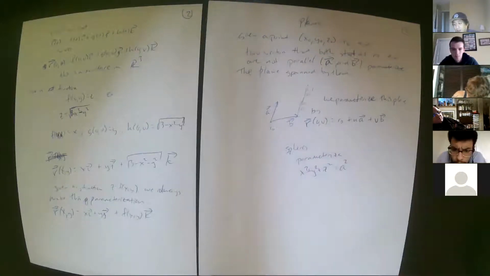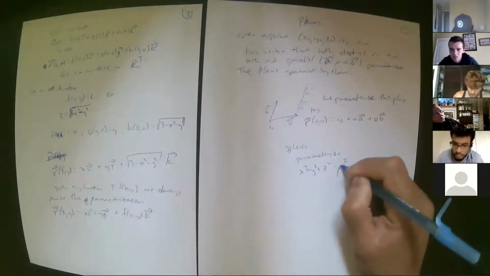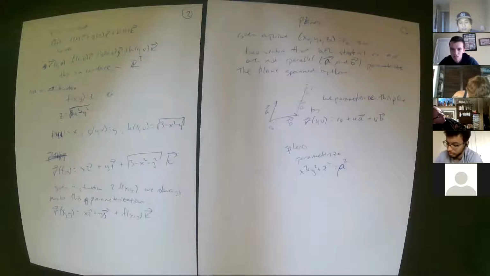This is a sphere of radius a. We'll put rho squared in here because that's appropriate for spheres, and we'll see what happens here in a moment.